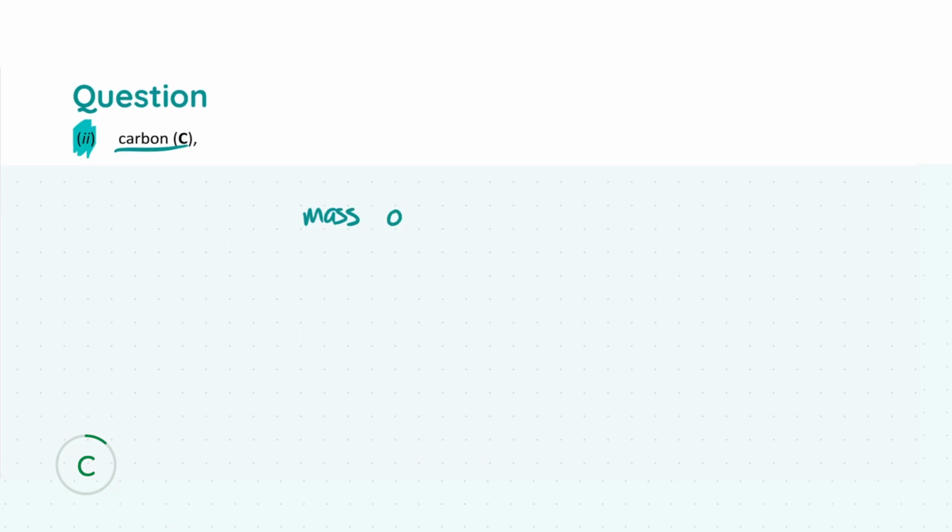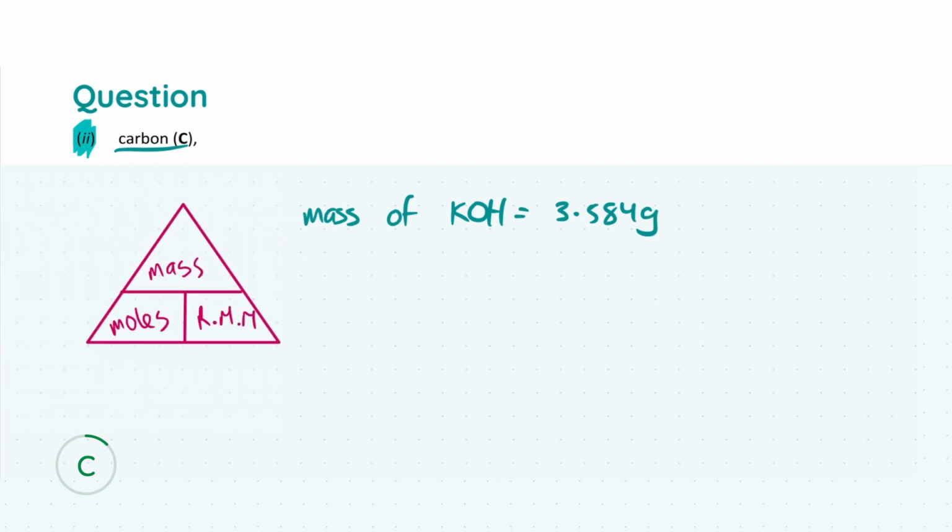So writing down the important information that we already know, what we're being told is that there is a mass of KOH, which is going to equal 3.584 grams. And what we need to do here is convert this into moles. Now, pulling up our triangle that's used for mass, moles, and relative molecular mass, the one that we can use to transfer between them, we're going to be using this here because we need to find the number of moles of KOH, and we're given the mass.